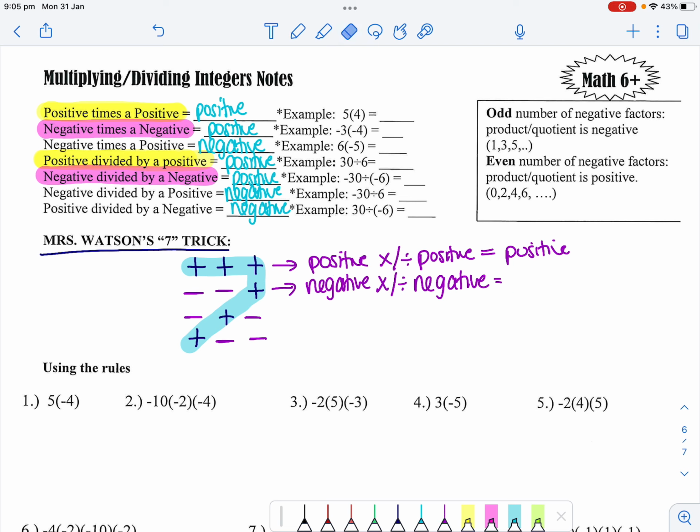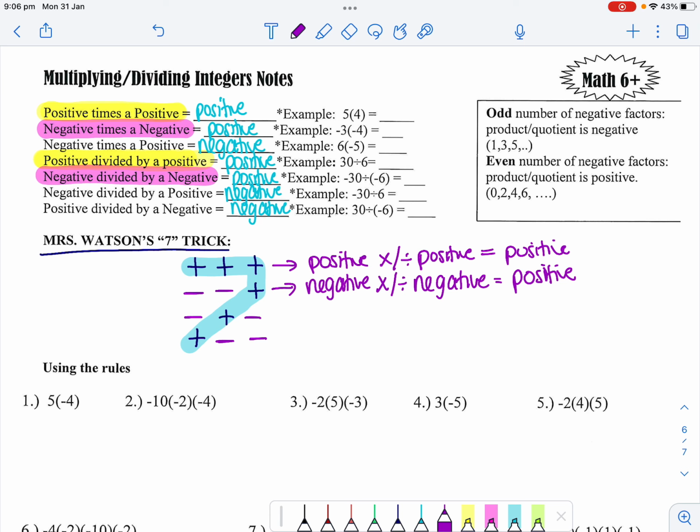And the pattern just continues down through the image. So I actually learned this trick right here when I was also in 6th grade. And it is something that I used all the way through high school and sometimes even through college, just to remind myself to make sure that my signs were correct.